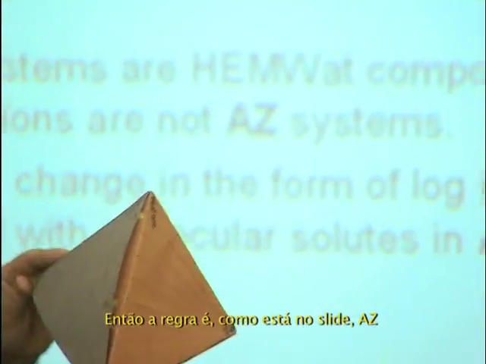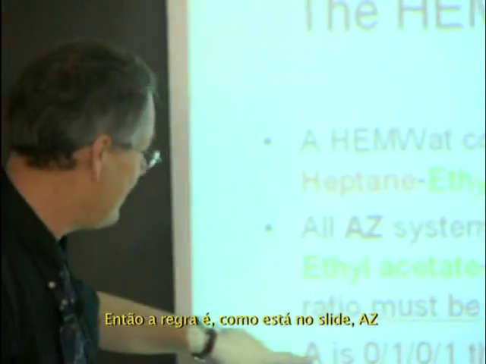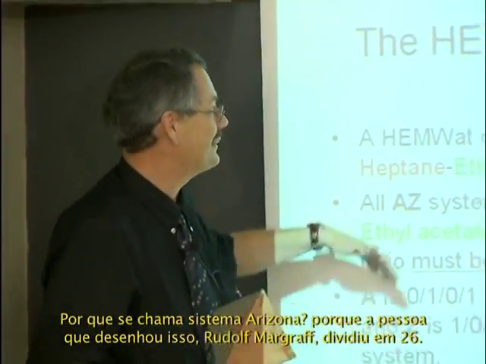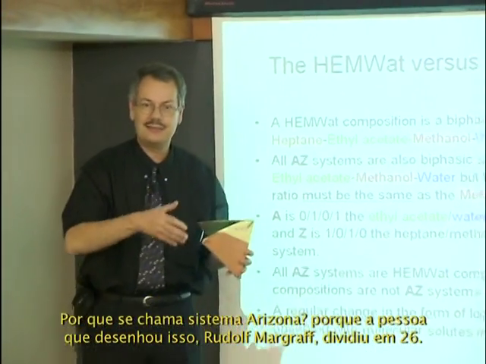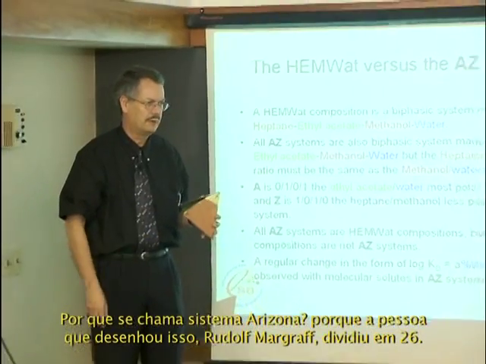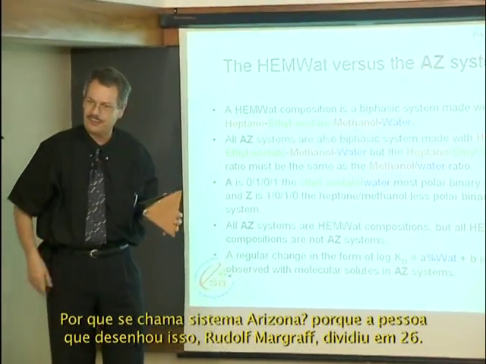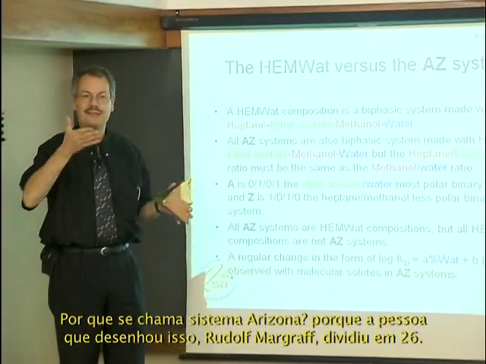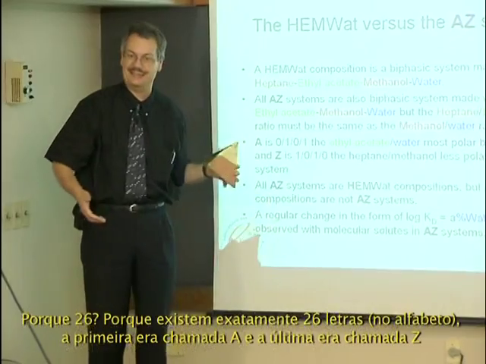So the rule is, like you have on the slide, A. Why is it called Arizona system? Because there is the guy that designed this. His name is Margraf, Rodolphe Margraf. He split it in 26. Why 26? Because there are exactly 26 letters.